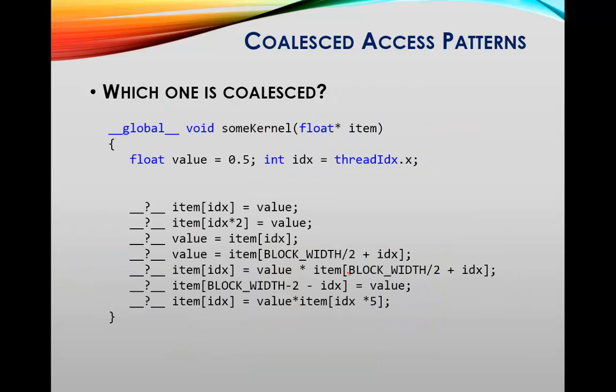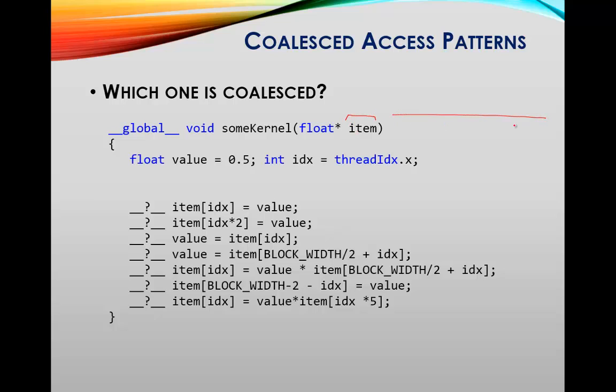I have another quiz here for you to think about, and the question is which one of these memory accesses are good coalesced memory accesses. I have another kernel, I'm calling it some kernel, and it's basically accessing the pointer item in global memory.